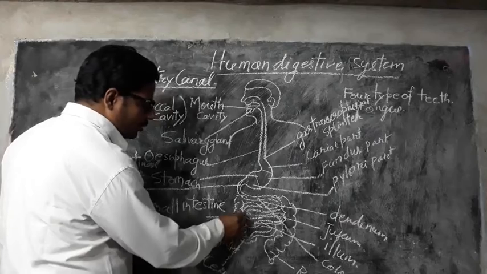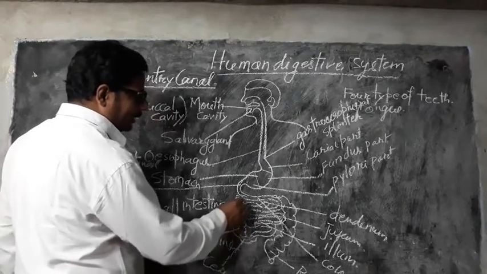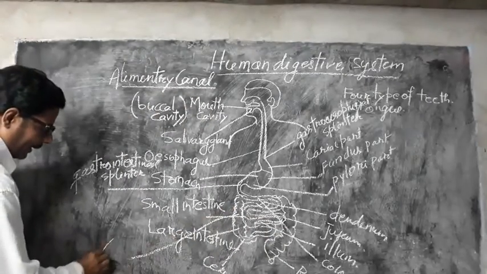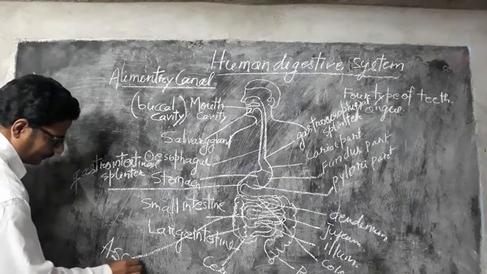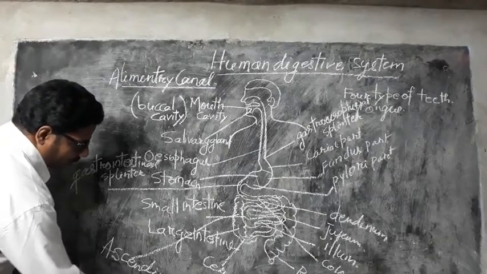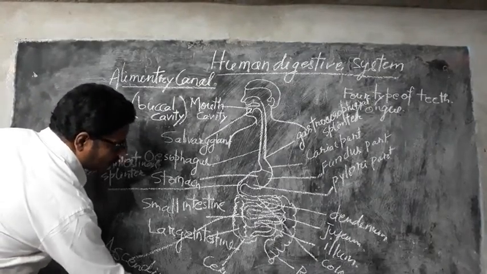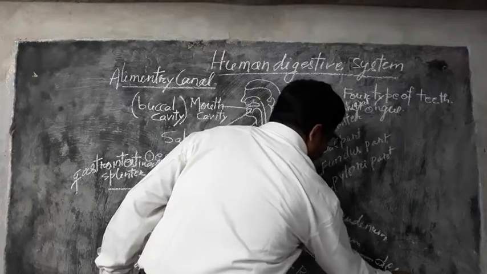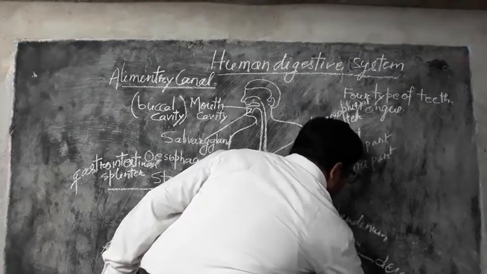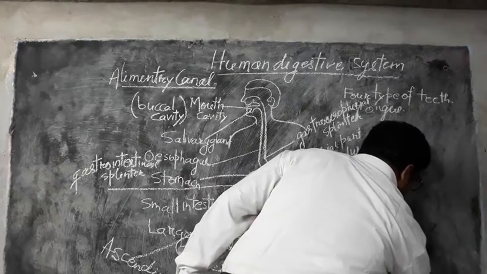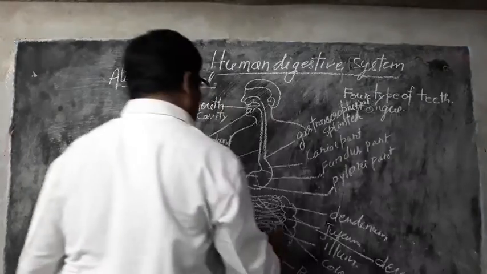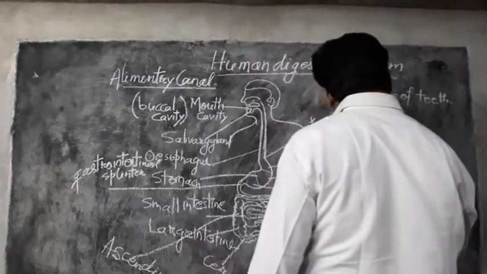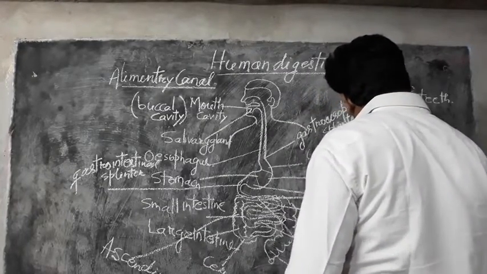This zigzag structure you are seeing here is called the ascending colon, and this side is called the descending colon, and the upper portion is called the transverse colon.